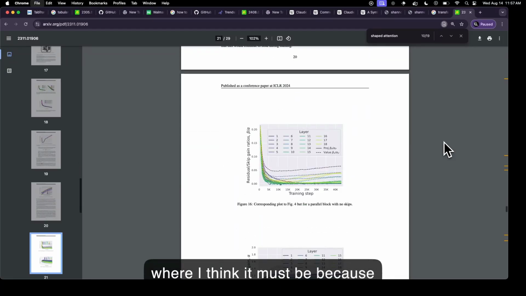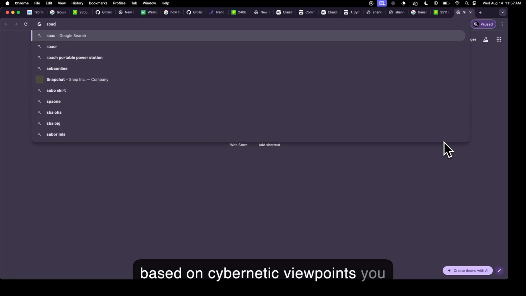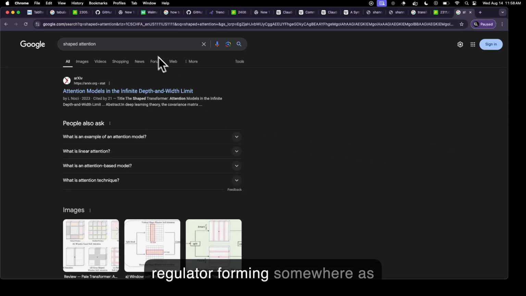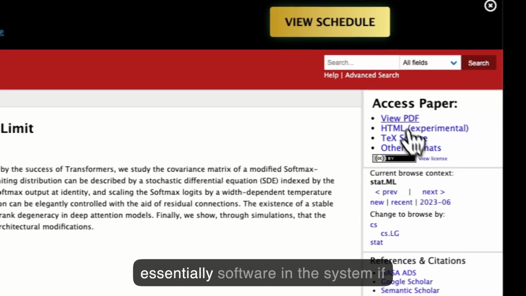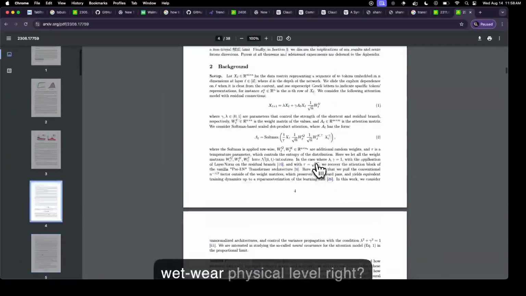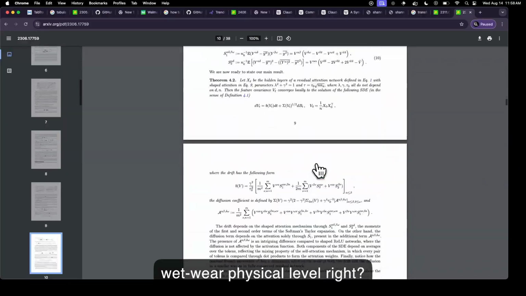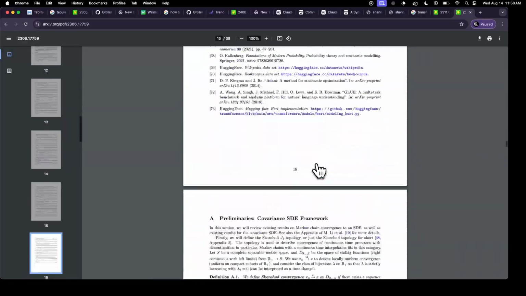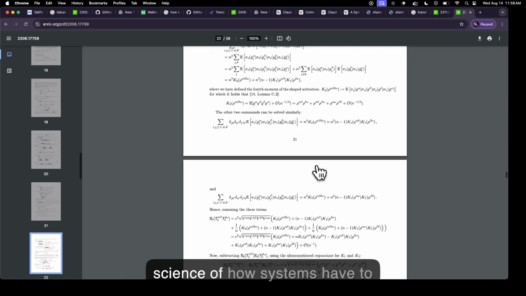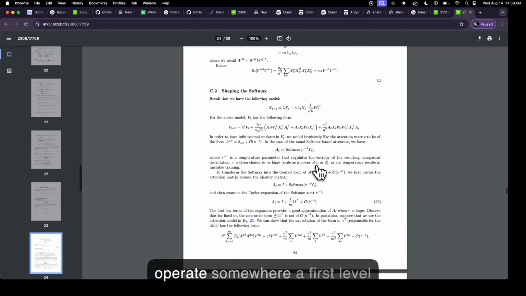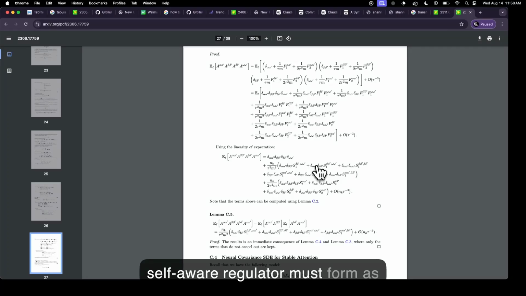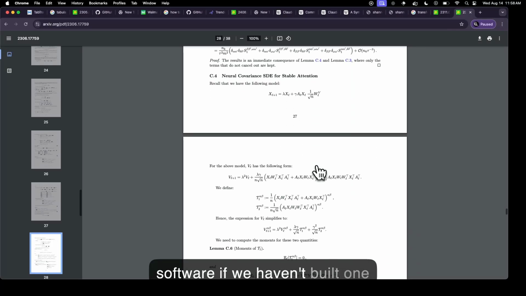But this is what I think it must be, because based on cybernetic viewpoints, you have to have at least one effective core regulator forming somewhere as software in the system if it's not present at a hardware or wetware physical level. If you just follow basic logic and science of how systems have to operate, a first level self-aware regulator must form as software if we haven't built one.